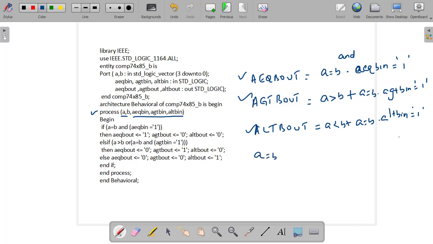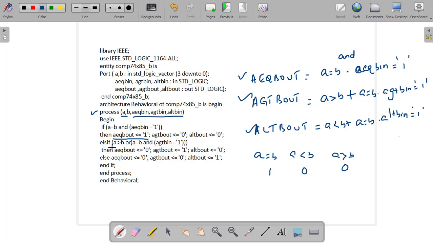A equal to b output 1, a less than b output 1, a greater than b 1. So the output a equal to b should be 1, a greater than b should be 0, a less than b should be 0.